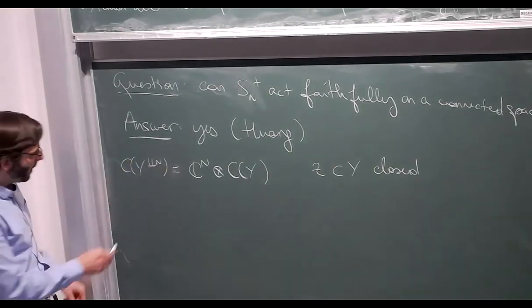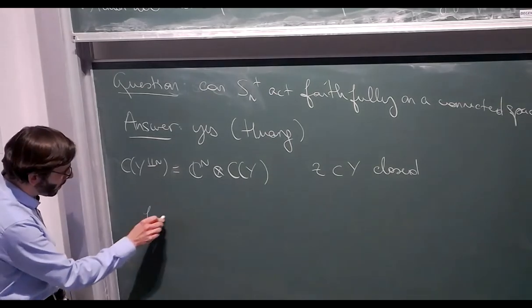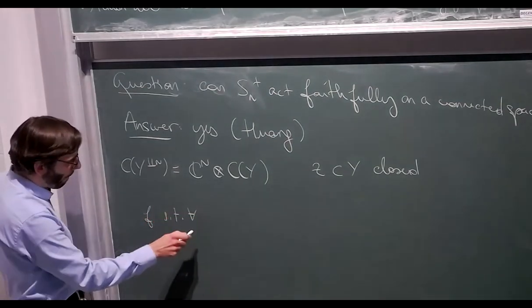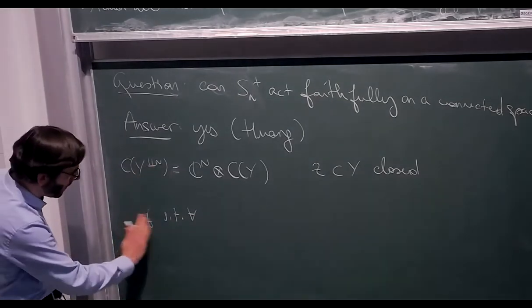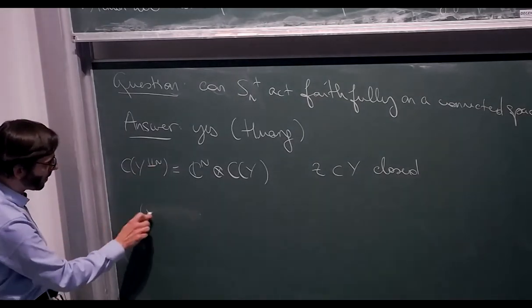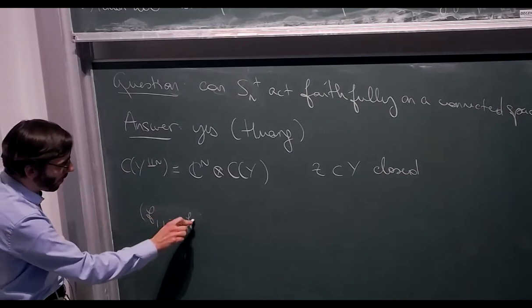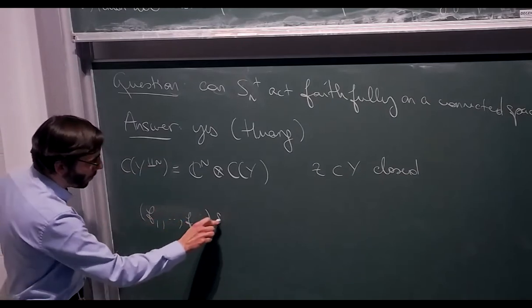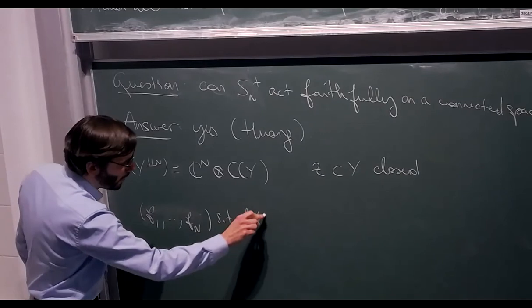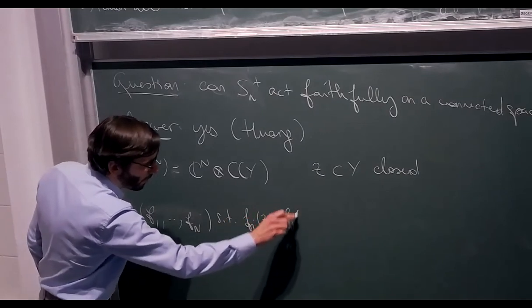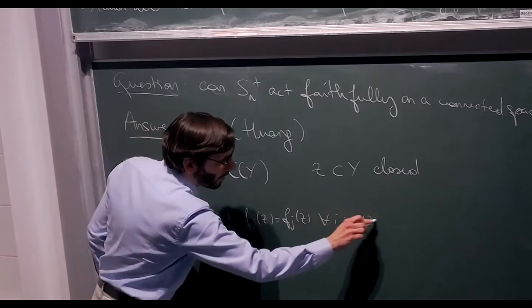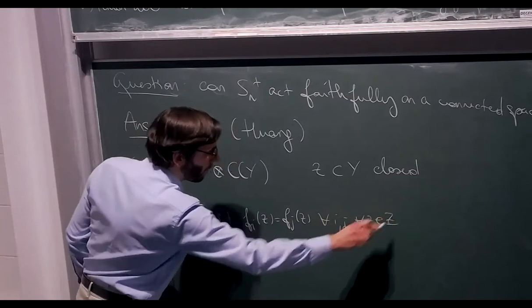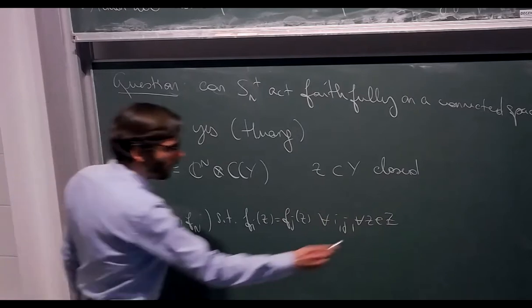And now inside this, you look at the subalgebra of functions such that, so a function is just a tuple of functions, right? It's just given by n functions on Y. So you look at them such that Fi of z is Fj of z for any i, j and for any z in Z. Right, so you look at this.